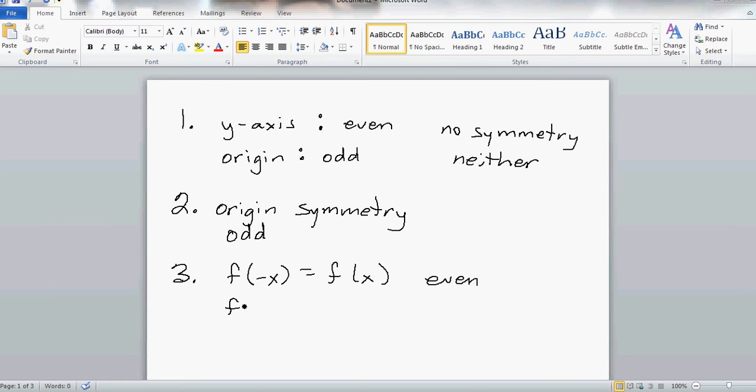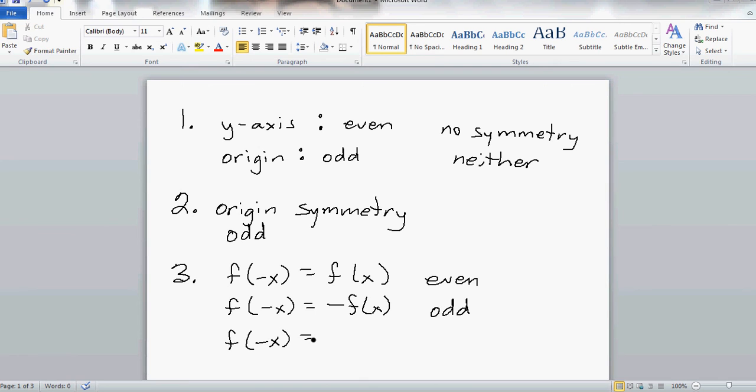If, however, f of negative x is the opposite of f of x, then it's odd. And if neither of these two situations occurs, then it's neither. So first we have to find f of negative x.